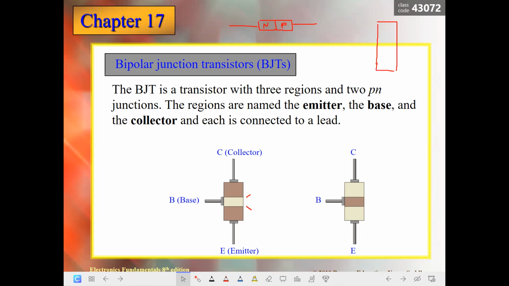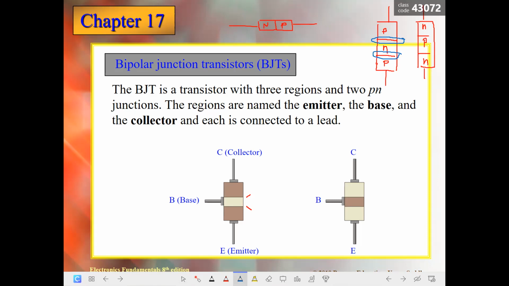When I say 2 PN junction, the typical material types are PNP or NPN. There are two kinds: the PNP and the NPN junction. In this case, if you notice, when we talk about two junctions, we have the first connection and then the second connection.